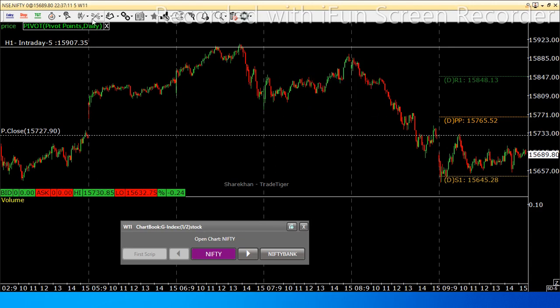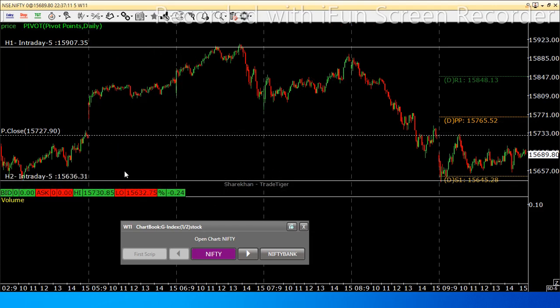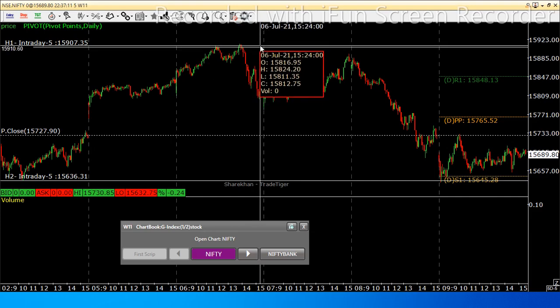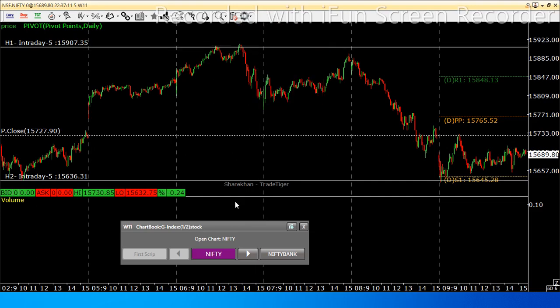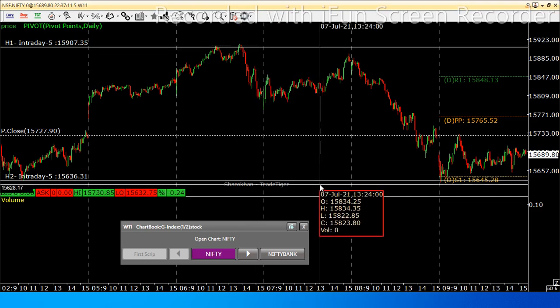Now the downside, what is actually happening in the Nifty, that we also need to understand. So this is the structure. If you look at the 5 days of chart in the small 5 minutes time frame, the Nifty is trading in a particular zone. How do you figure it out? On the upper side 15,900, on the lower side 15,600 and 15,630.